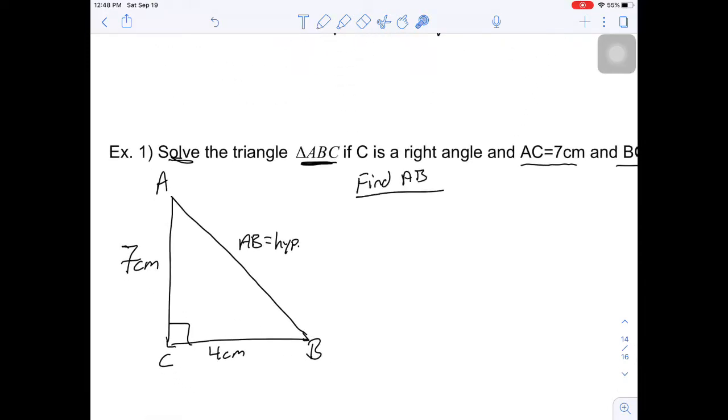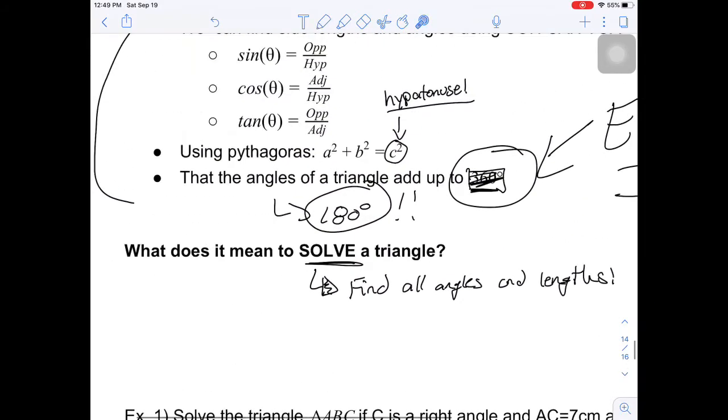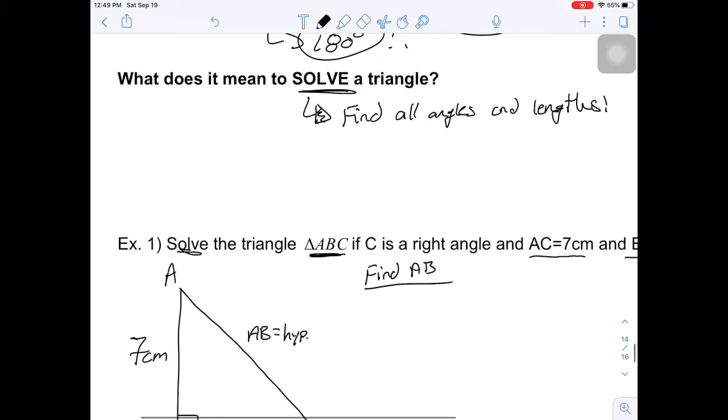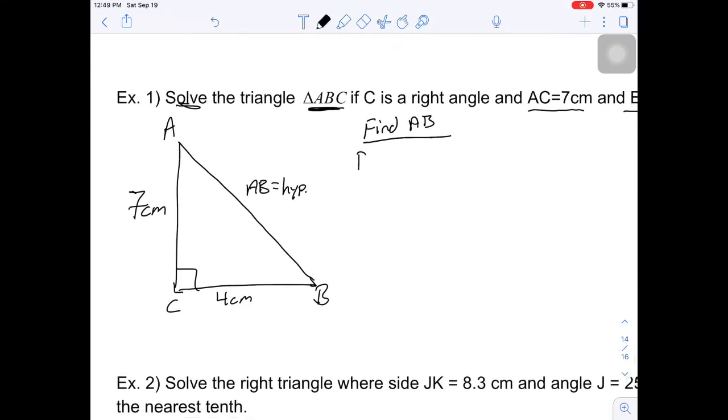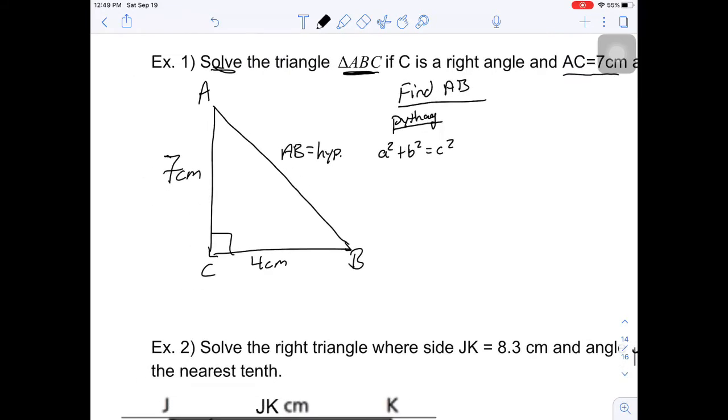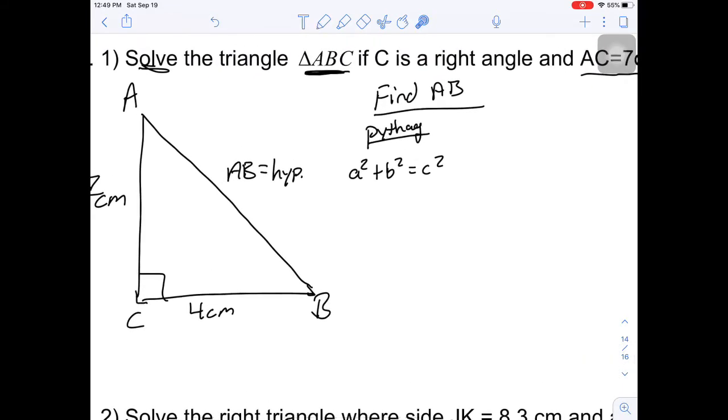The first thing I notice is that we have 2 side lengths and we're missing 1. If you ever have 2 side lengths and you're missing 1, then you go to your trig toolbox, and that relates to the Pythagoras theorem. So let's use our Pythagoras: A squared plus B squared equals C squared. Now remember, C always has to be the hypotenuse.